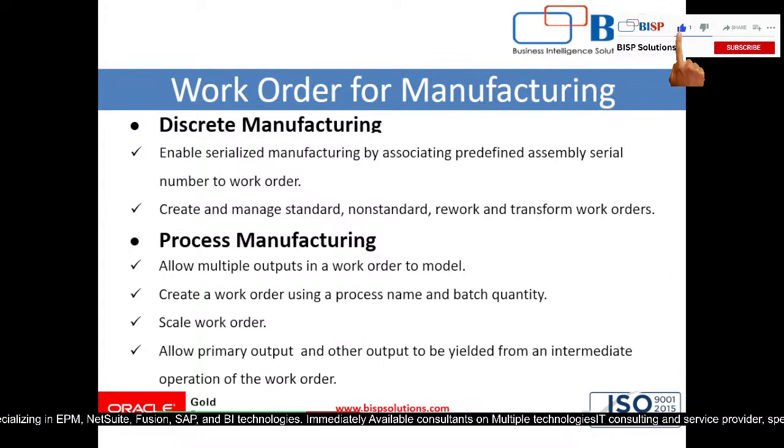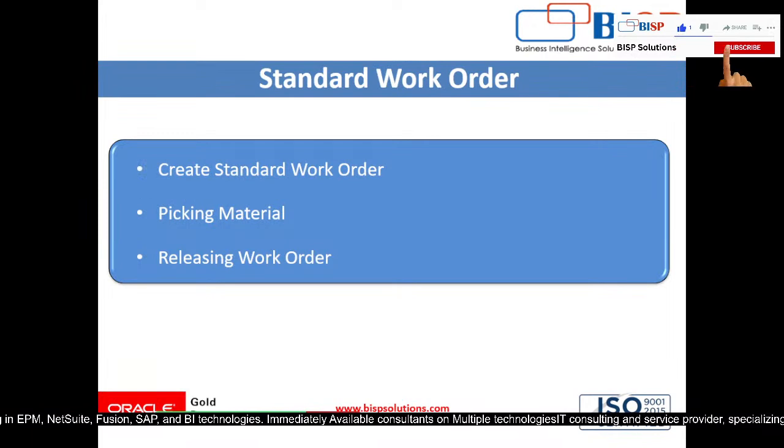Let's move to the next. This is the standard work order. In the standard work order, first we will create the standard work order. So what is a standard work order? Standard work orders are generally used to initiate the regular procedure. It is a type of work order, and you always have to define a work definition for it.